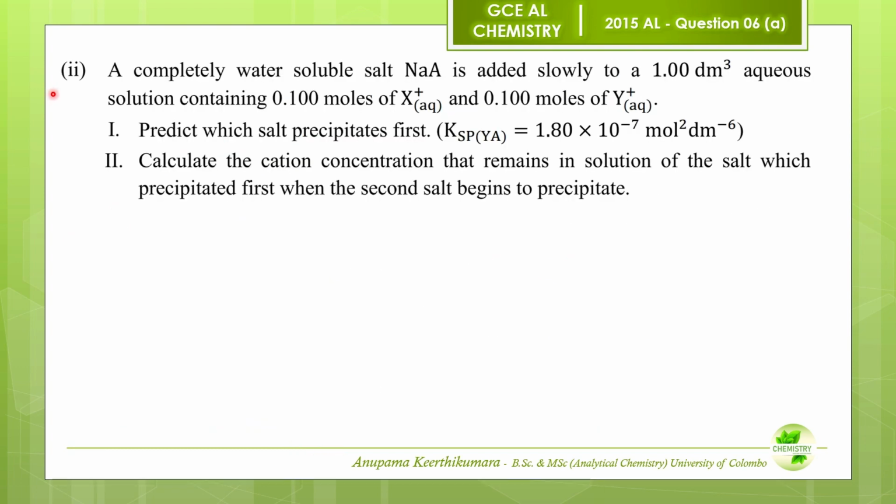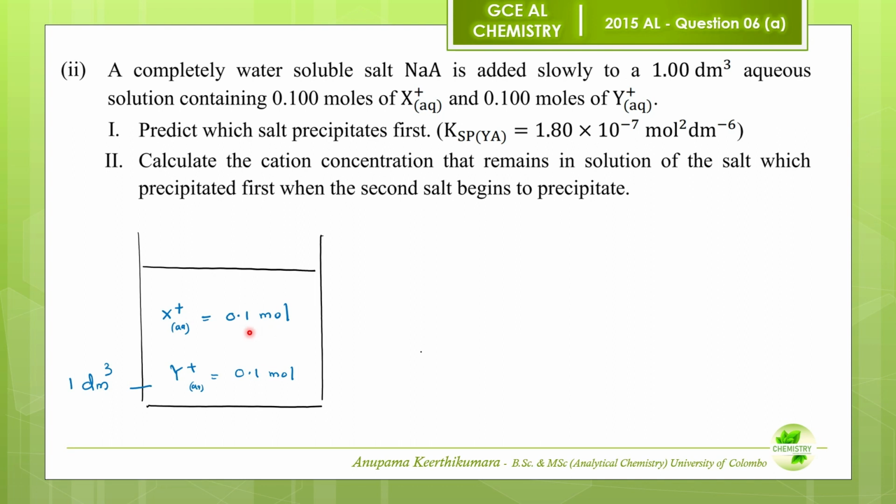Question number 2. A completely water-soluble salt NaA is added slowly to a 1 cubic decimeter aqueous solution containing 0.1 moles of aqueous X plus ions and 0.1 moles of aqueous Y plus ions.